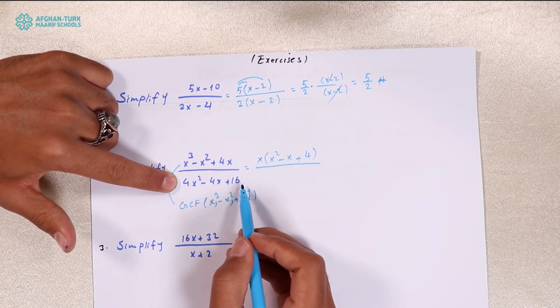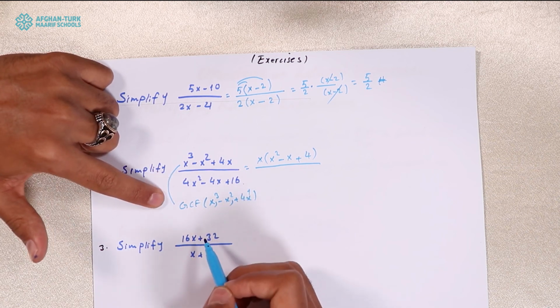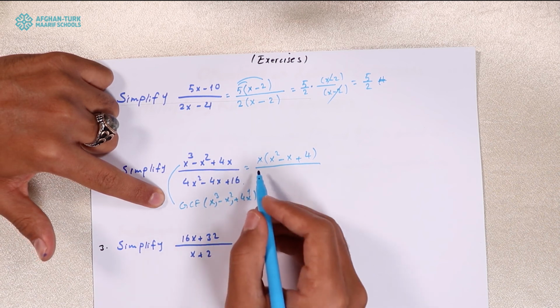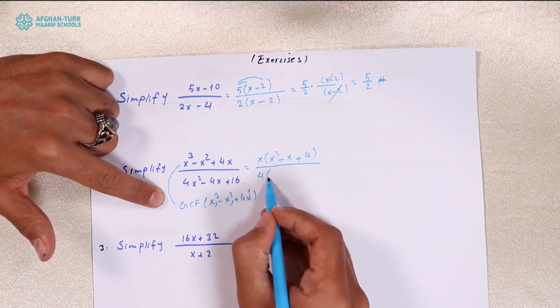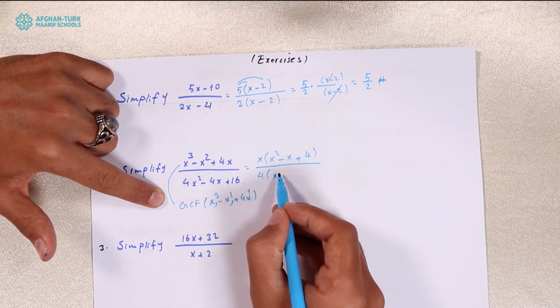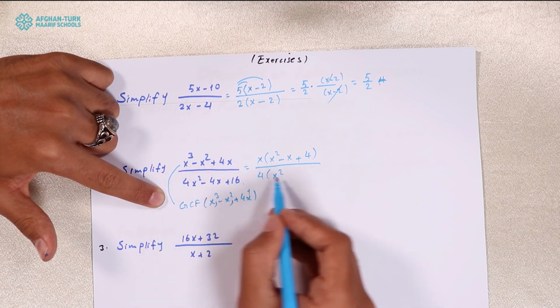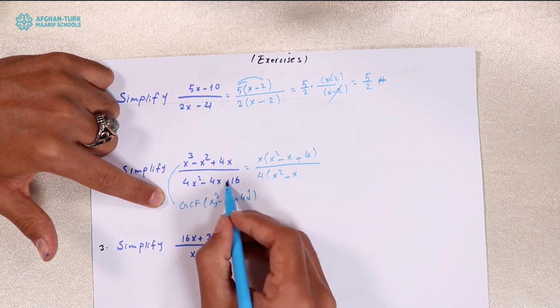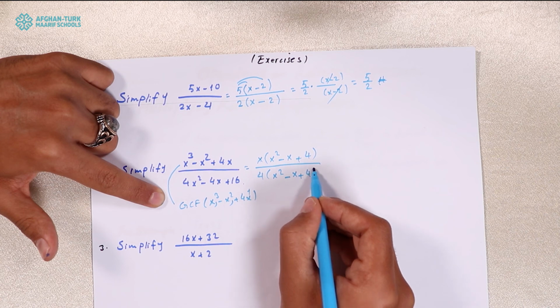So we cannot take x as a factor, because in the last term we don't have any variable. What is the common factor? Yes, 4, because 4 is in each term. If you take 4 out of the parentheses, 4x squared divided by 4 is x squared, minus 4x divided by 4 is x, plus 16 divided by 4 is 4.